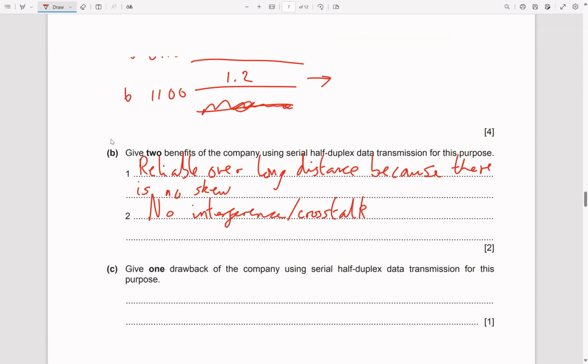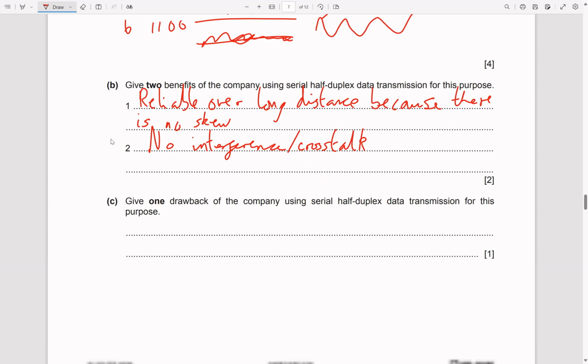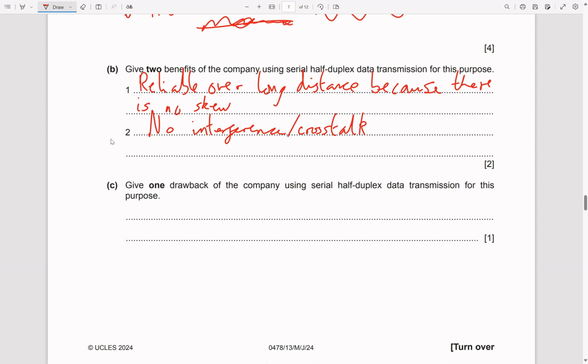The reason you get interference with parallel is that on this wire you've got an electrical signal, and on this wire you've got another electrical signal, and if the wires are not insulated properly, those signals can interfere with each other. So no interference or crosstalk, hence less chance of data corruption.